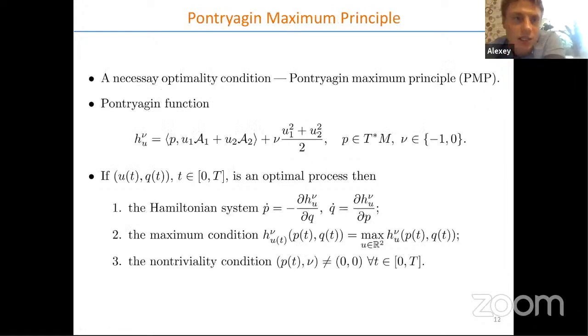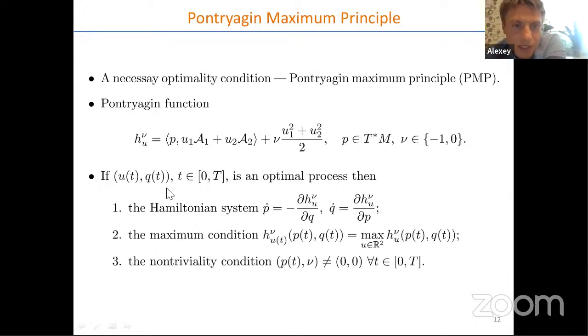Let's apply the necessary optimality condition, the Pontryagin maximum principle. We write a Pontryagin function, which has the following form. Here we have nu equals -1 for the normal case of PMP and nu equals 0 for the abnormal case of PMP.